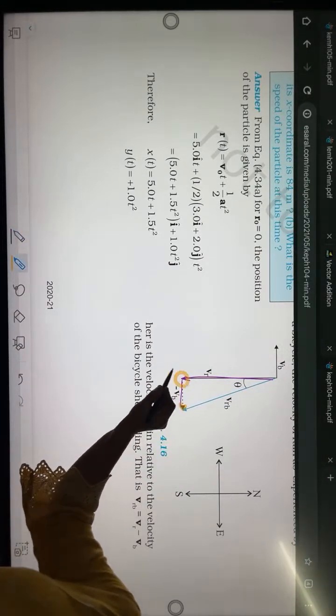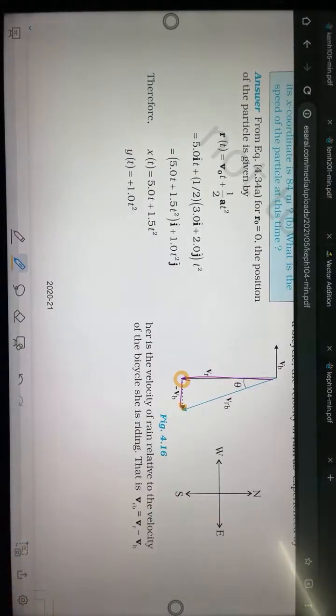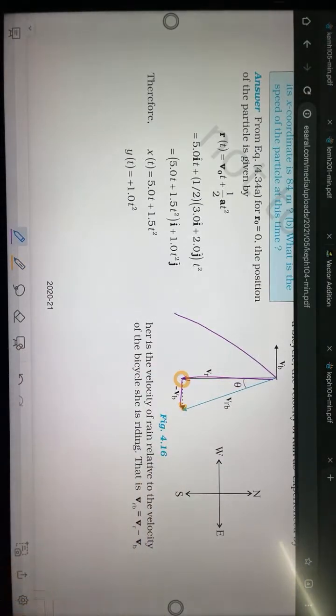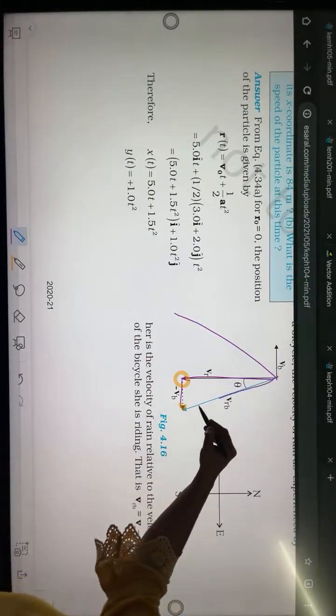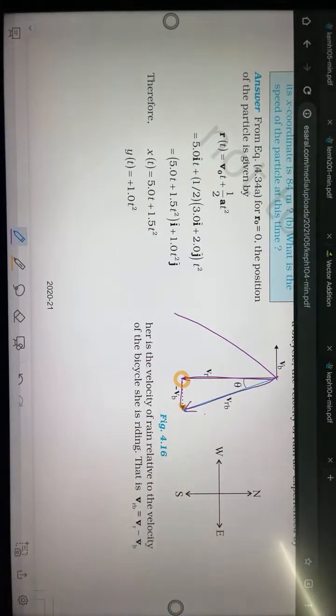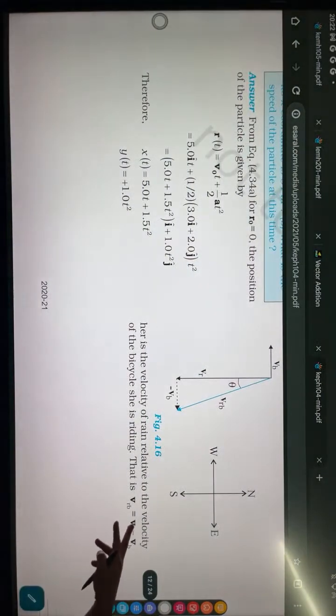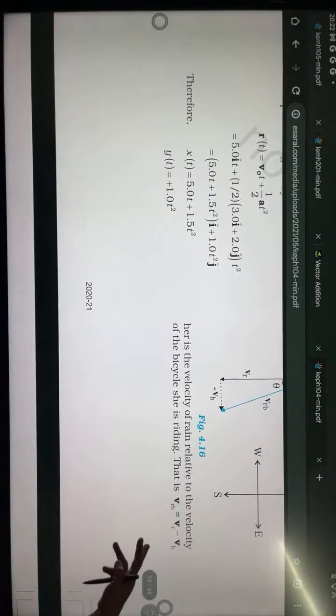The head and tail should meet, right? If you take this, then it simply shows the third side of a triangle of addition. You need not worry about the cosine law, sine law and everything. You can directly take VR minus VB.